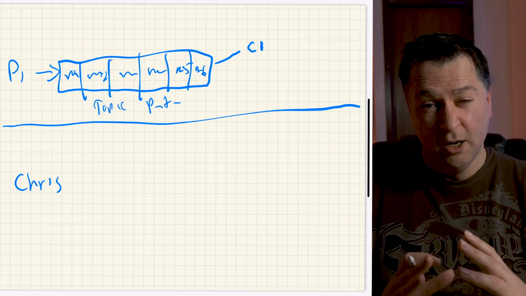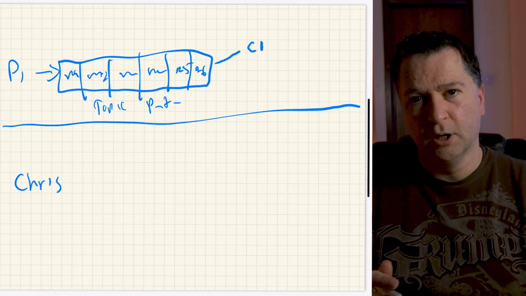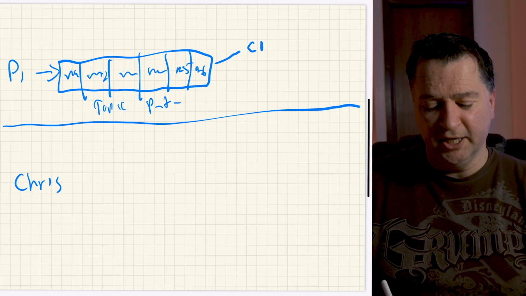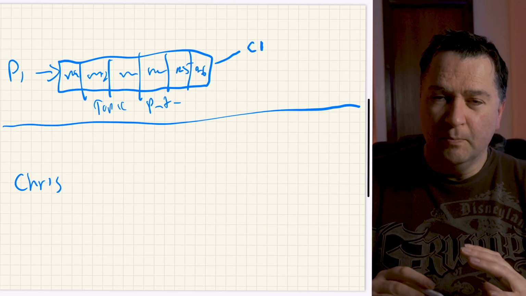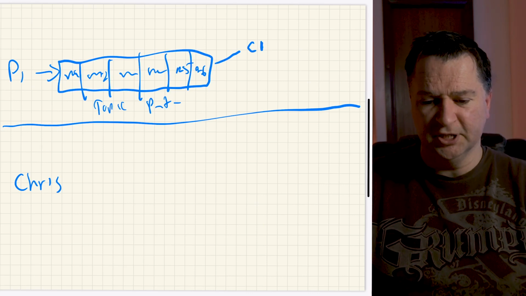So some sort of way of being able to distinguish in it. And therefore, by doing partitioning, messages can be written in order to a particular partition.